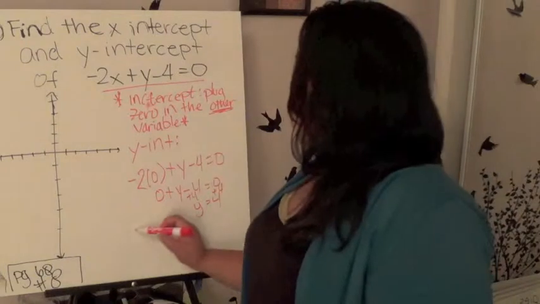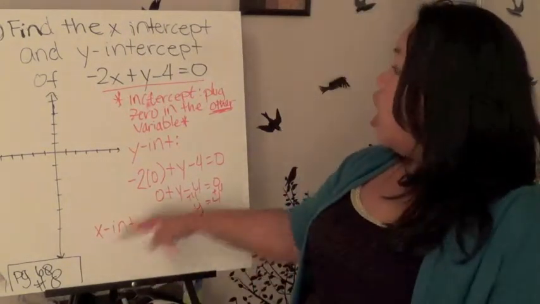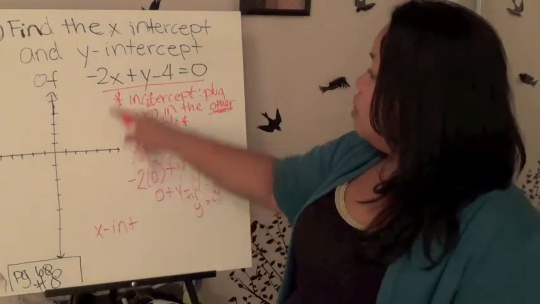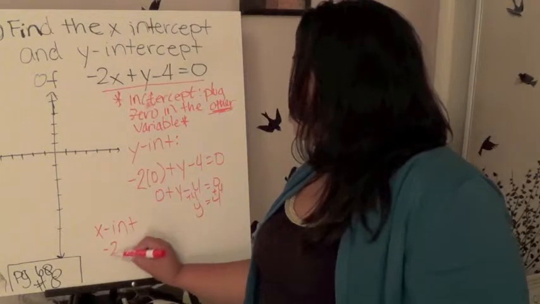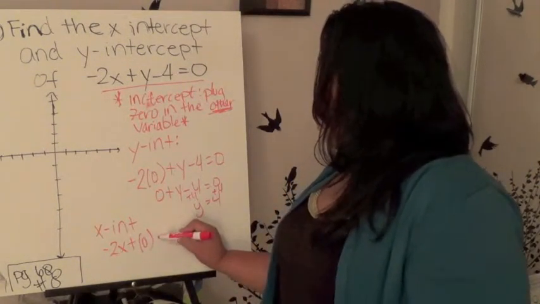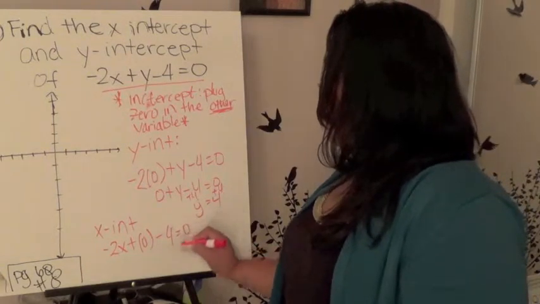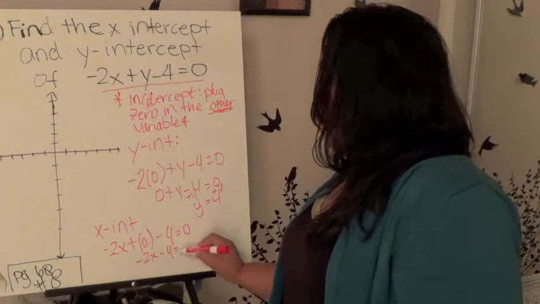Now I'm going to find the x-intercept. That means I do the other variable. So if I have an x here, then I'm going to put a 0 in for the y. So I have negative 2x plus y, which is 0, minus 4 equals 0. So I have negative 2x minus 4 equals 0.